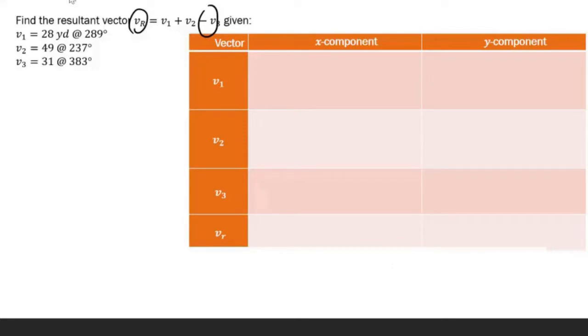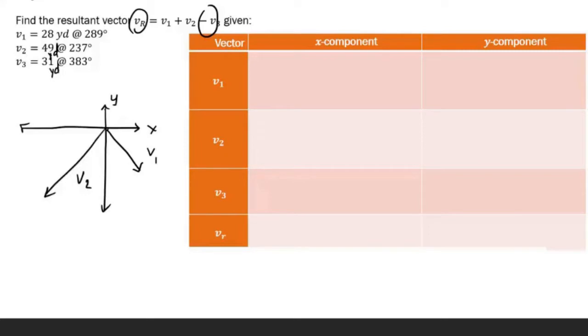As always, let's start with a picture. Vector 1 at 28 yards is directed at 289 degrees. So it's actually sitting in quadrant 4. Vector 2 at 49 yards, clearly forgotten the units here, is directed at 237 degrees.